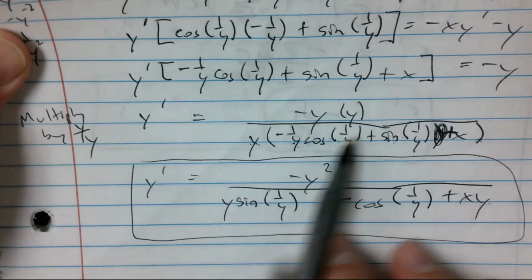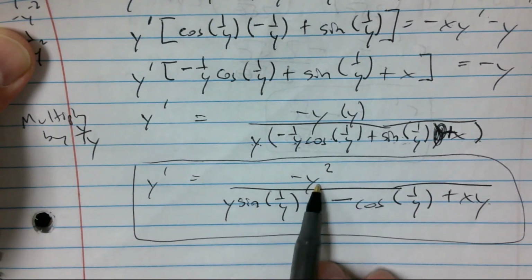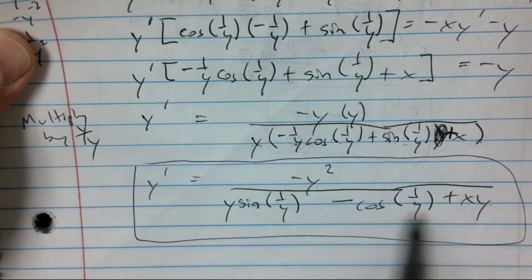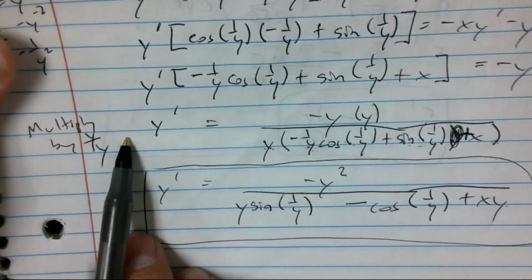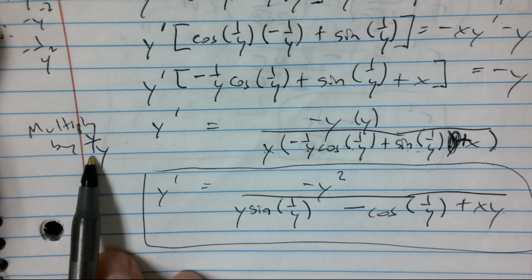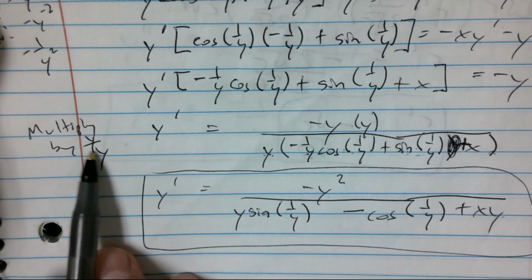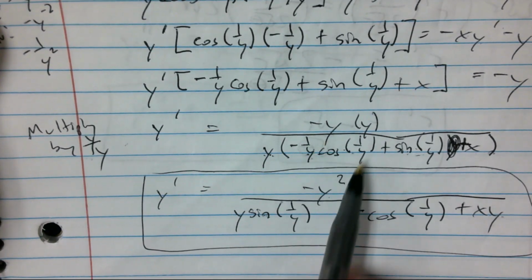And then I simplified this negative y times y to be negative y squared and kept that the same. So it looks like my note to the side was I multiplied by y over y. And so that's how come it became y squared.